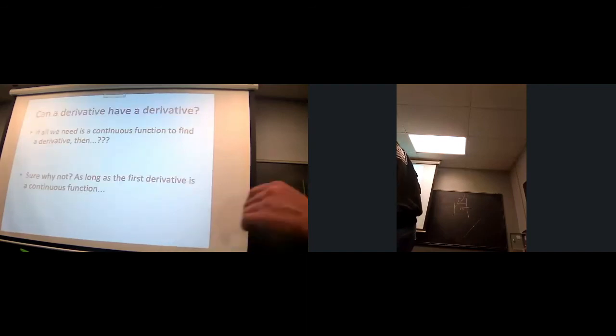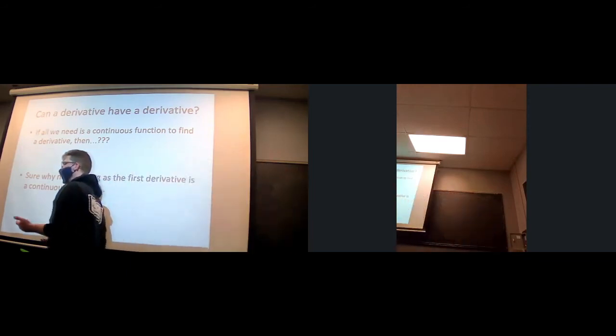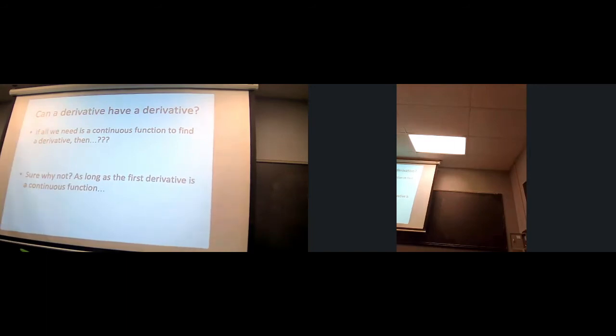Having said that, I'm going to jump to 2.6. So the question here is, can you apply the derivative to a derivative? Well, if we think about what it requires to apply the derivative of something that's continuous, where we're trying to differentiate it, then sure, why not, right?